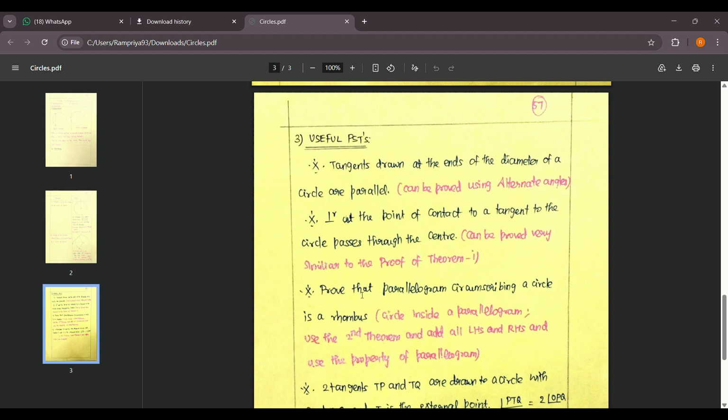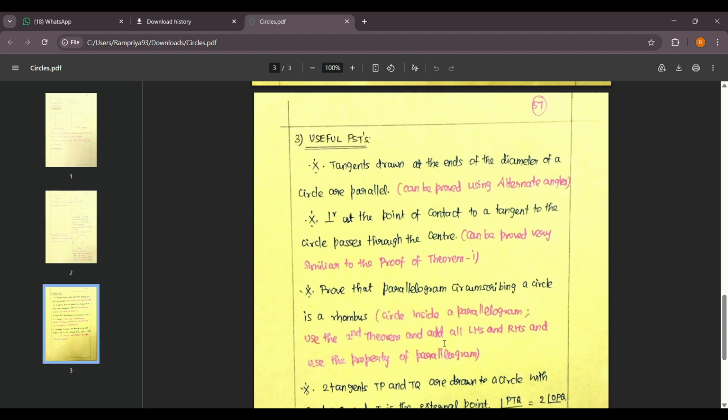Okay, next is a very important question. Prove that a parallelogram circumscribing a circle is a rhombus. You have to draw a parallelogram, and inside the parallelogram you have to draw a circle, and use the second theorem, that tangents drawn from an external point to a circle are equal. Then you will have 4 different equations.